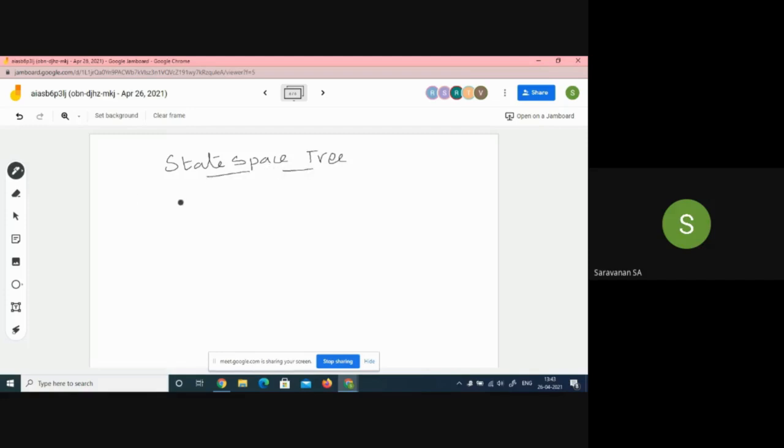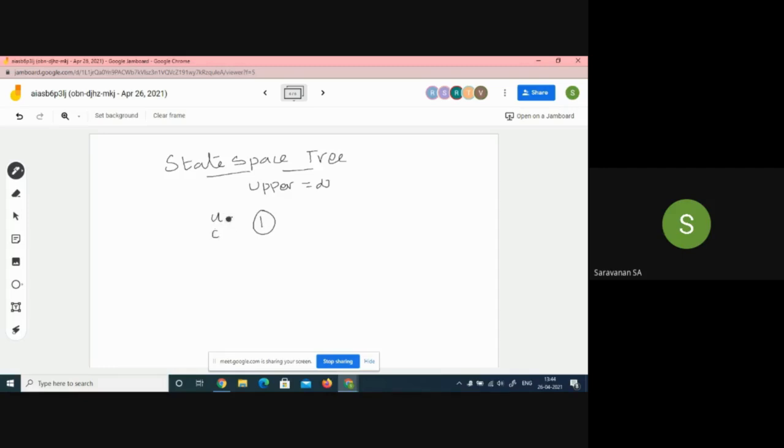Okay. So in the state space tree, we are assuming the upper bound value is infinity in the beginning. So first of all, we will be starting from the first node, that is the top node, where we need the value of u and c.